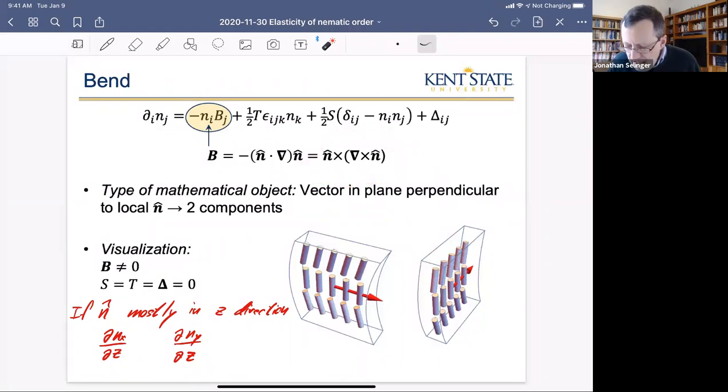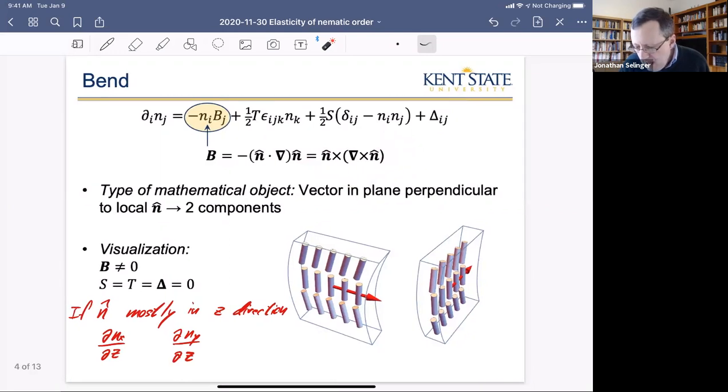That is, you take n cross the curl of n. So the curl of n is a pseudo vector, and n is a proper vector, so n cross a pseudo vector makes a proper vector.